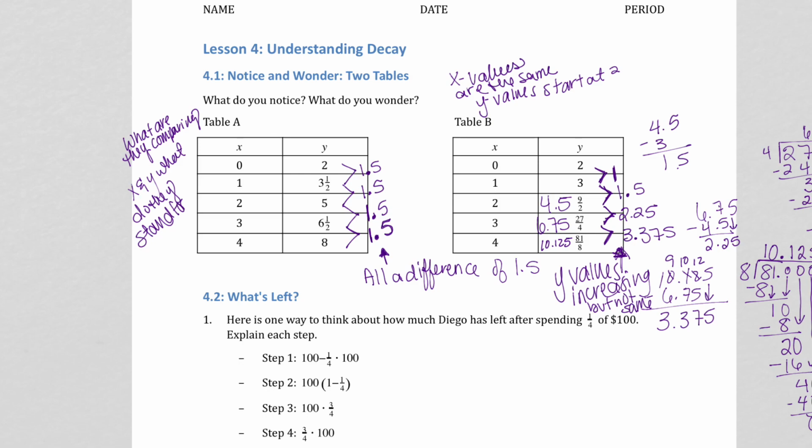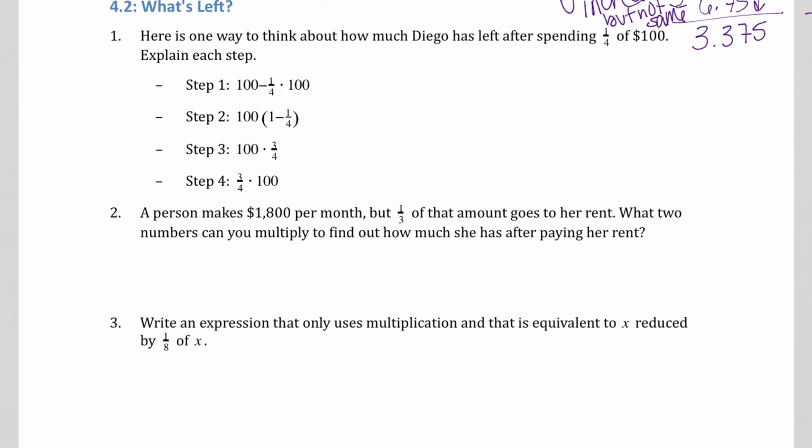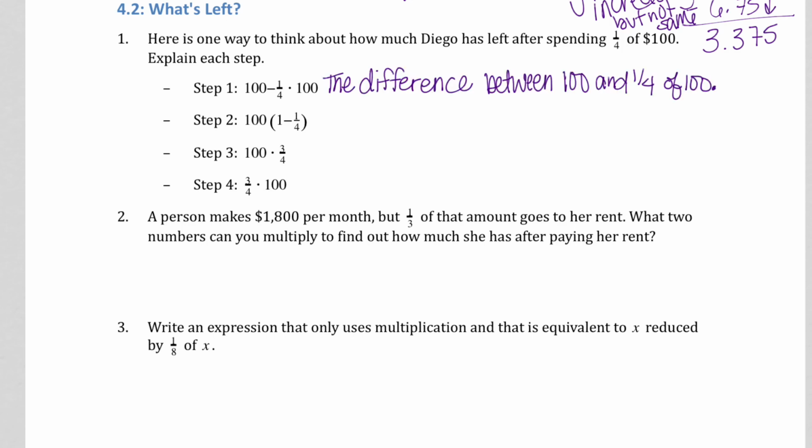What's left? So here is one way to think about how much Diego has left after spending 1/4 of $100. Explain each step. For step 1, we have 100 minus 1/4 times 100. So step 1 is the difference between 100 and 1/4 of 100.